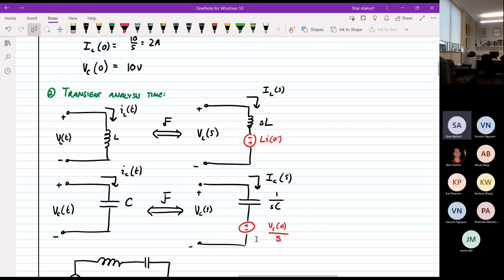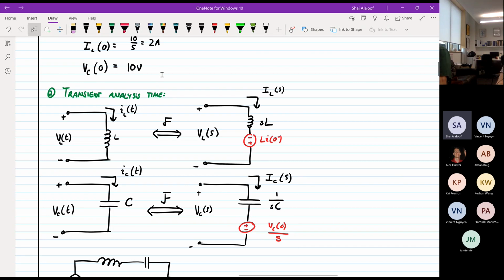Just refer to the textbook, and practice will make sure that you remember these off by heart. But anyway, the value of this is going to be the initial voltage across the capacitor over s, where s is a Laplace domain variable, a frequency variable.